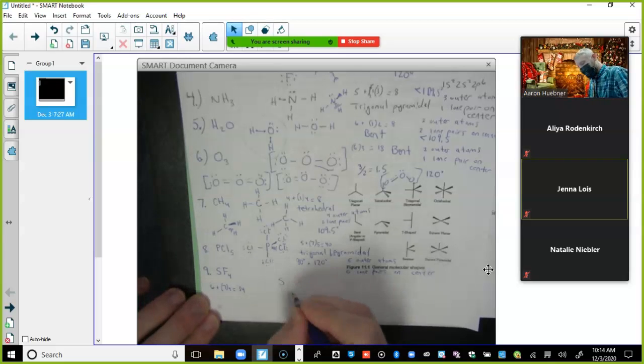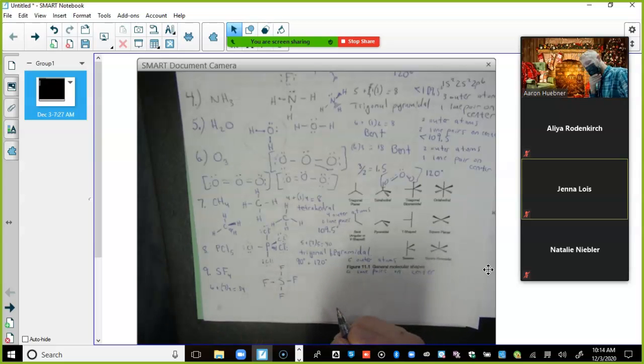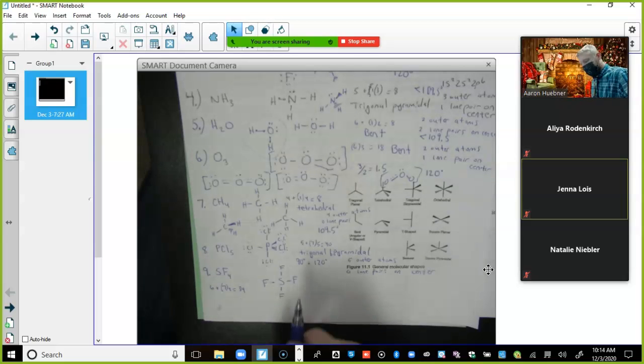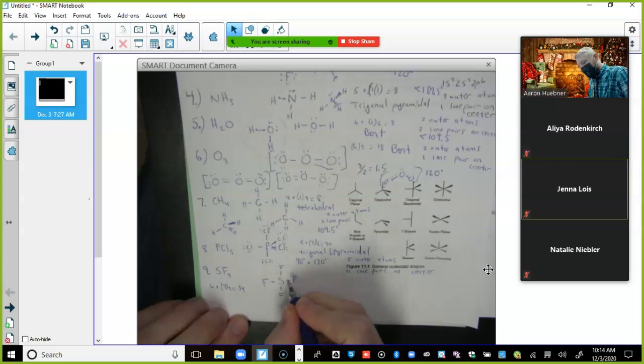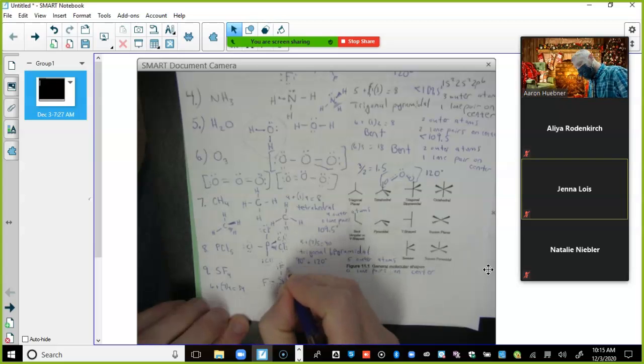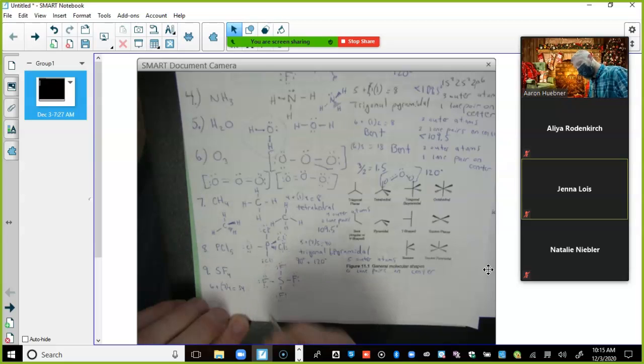I'm going to put sulfur in the center. We got F, F, F. I'm modeling it, I'm drawing it, probably not the correct shape, but this is just a starting point. We got 2, 4, 6, 8, 10, 12, 14, 16, 18, 20, 22, 24, 26, 28, 30, 32.